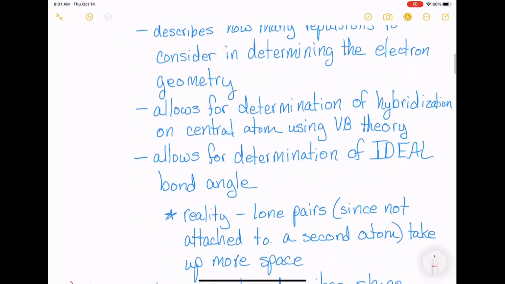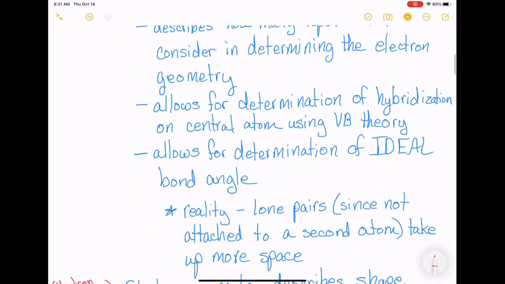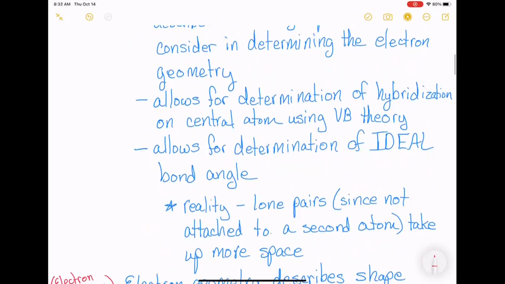Now, while X plus N allows us to determine the electron geometry and therefore the ideal bond angle, you have to keep in mind that when you have a lone pair or even a free radical, since that lone pair or free radical is not attached to a second atom, it is going to take up more space than a bonding group.